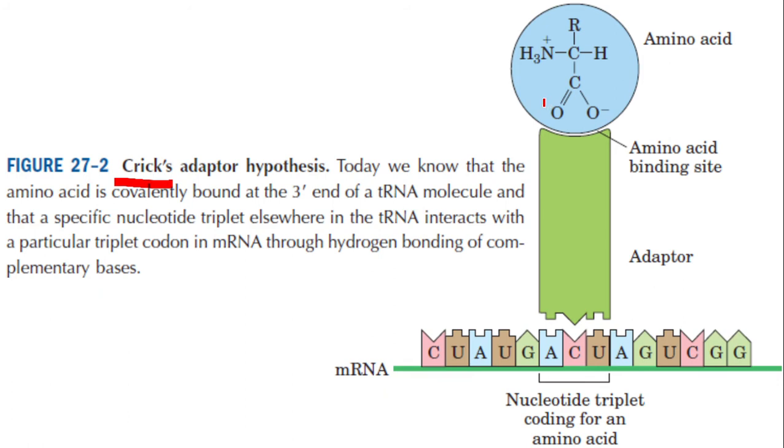Amino acids do not know mRNA. So there should be somebody which we call an adapter, a broker, an agent who can interact with mRNA on one side and amino acids on the other side. Which means this adapter should know mRNA on one side and amino acid on the other side.